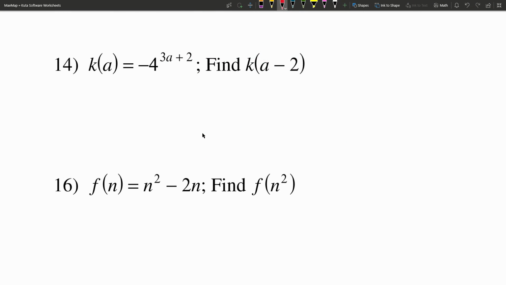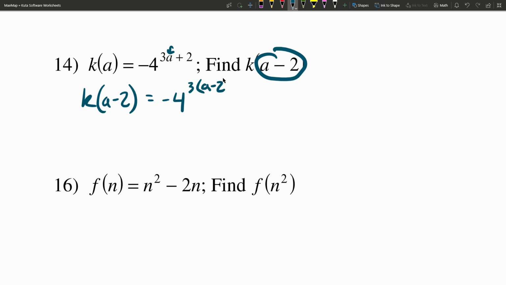For number 14, k of a equals negative 4 to the 3a plus 2. We're going to be finding k of a minus 2. So that's going to be equal to negative 4 times 3 to the, we're plugging in a minus 2 in for a. So that's 3 times the quantity a minus 2, keeping parentheses around it since we're going to need to distribute, plus 2.